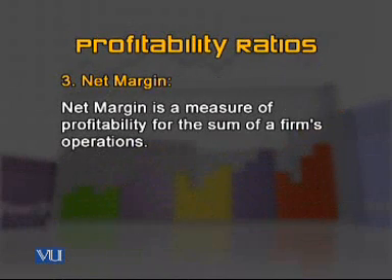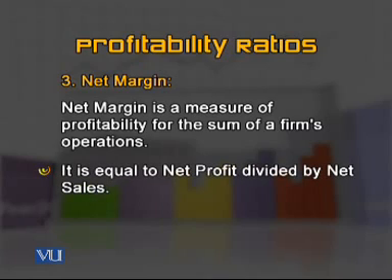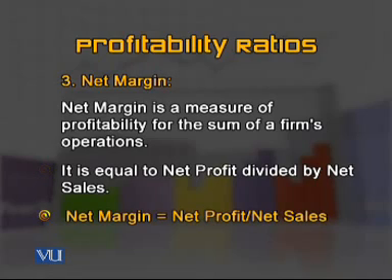Through net margins, we measure the company's profitability of its operational capacities. And it is equal to net profit divided by net sales. So the equation for net margin is net profit divided by the net sales of the company. And that is actually what profits are all about.